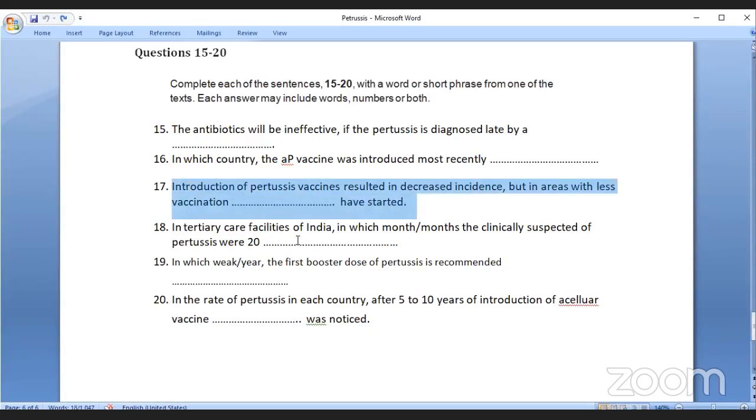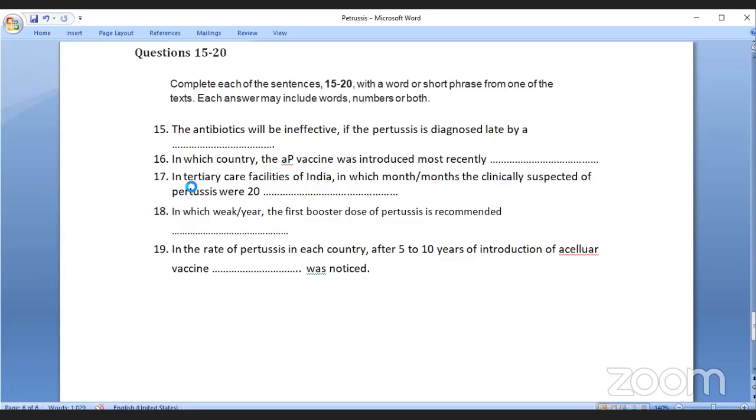In which text can you find the answer? In C, in prevention, no. Sorry.